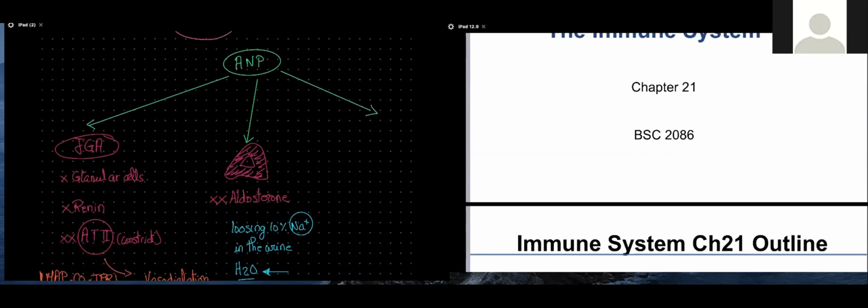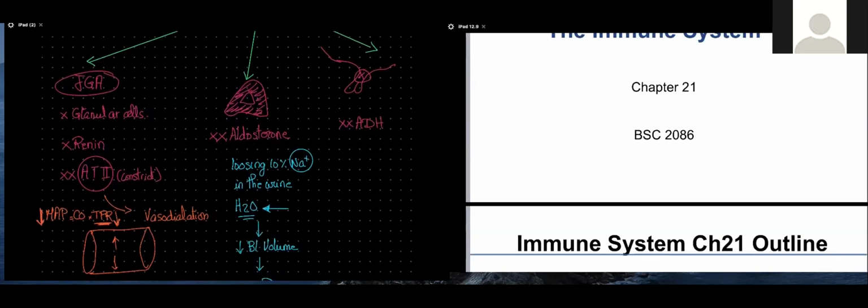The third target organ here for my atrial natriuretic peptide will be to act on the hypothalamus by inhibiting the release, this time, of the ADH, antidiuretic hormone.